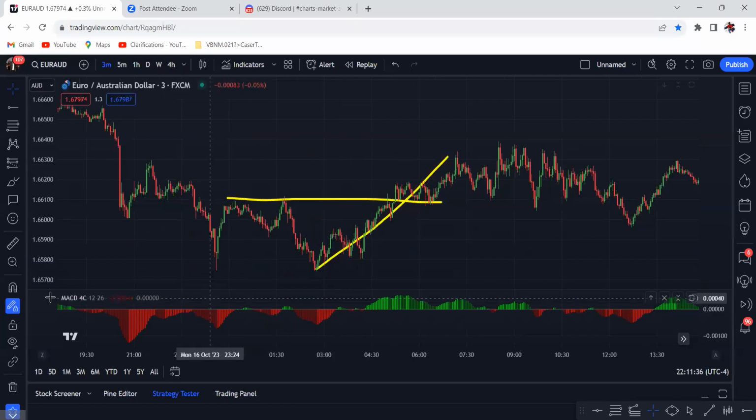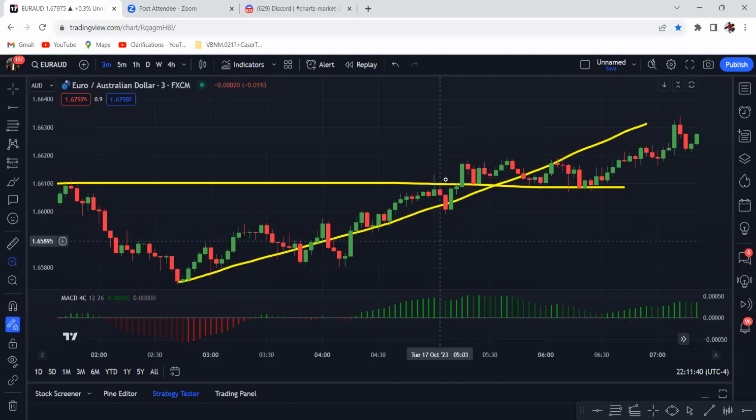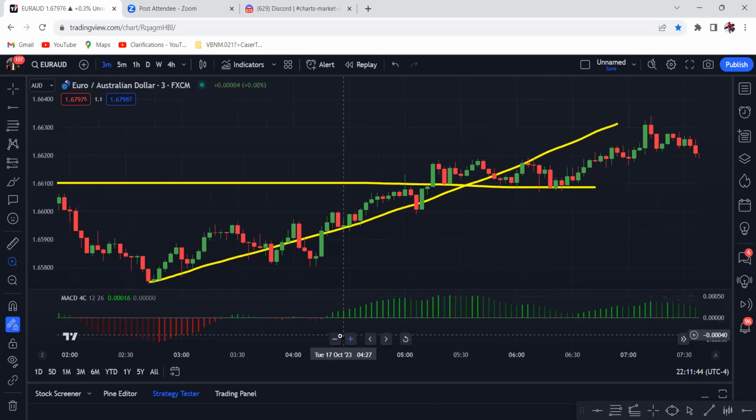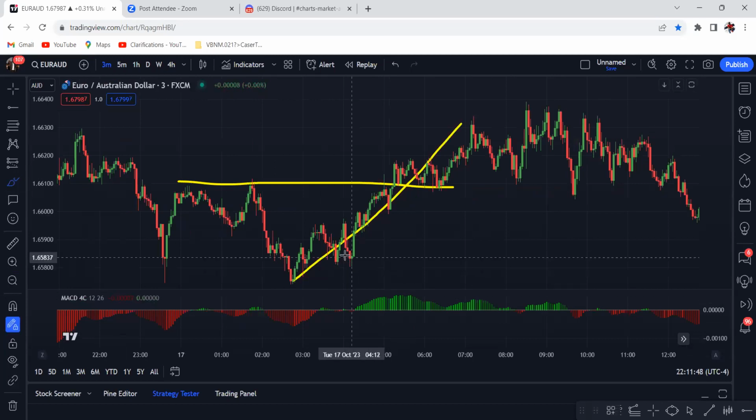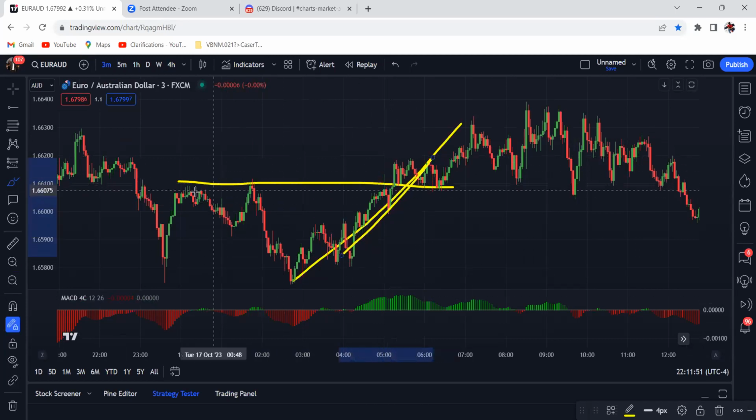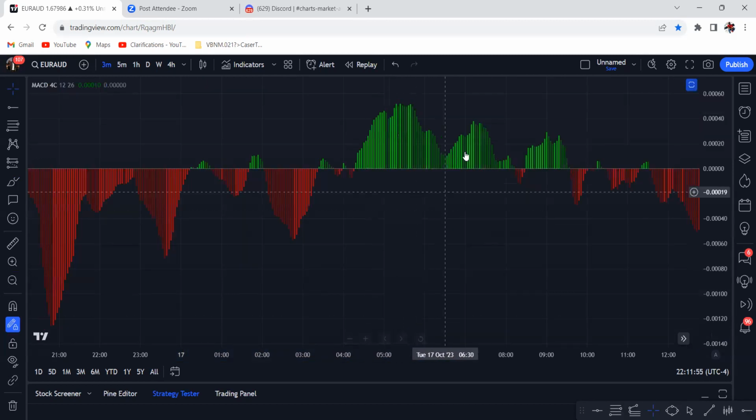Let's say I missed the retest right over here. Guys, look at your MACD and wait. This was the bullish wave that broke and gave you that change of character. Wait for the next pullback, the next retest on your MACD.